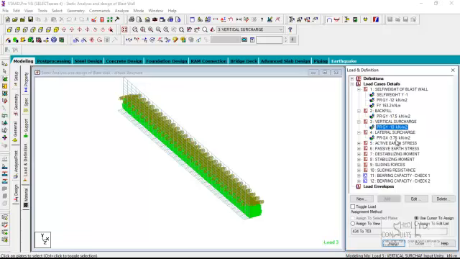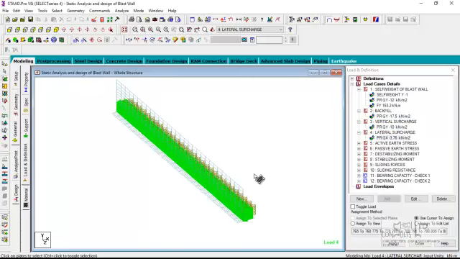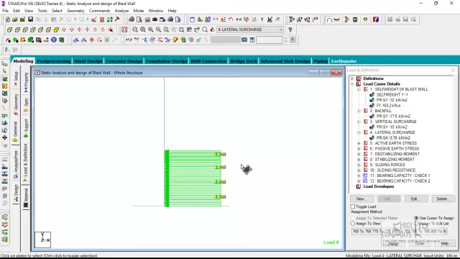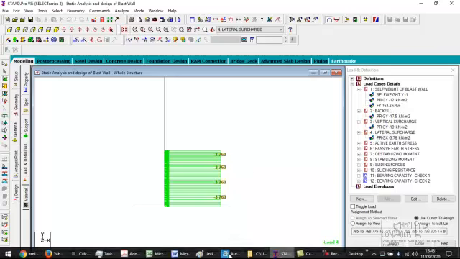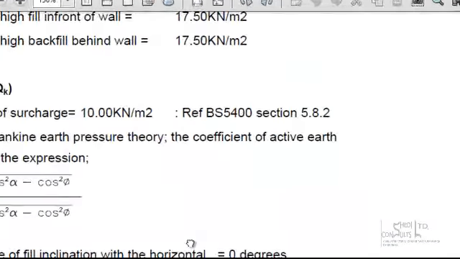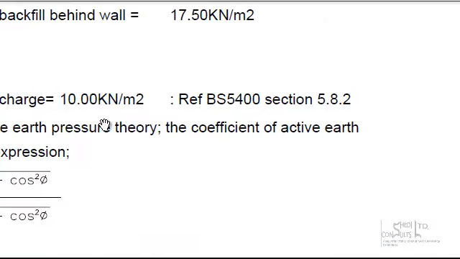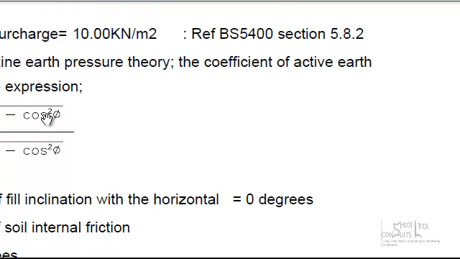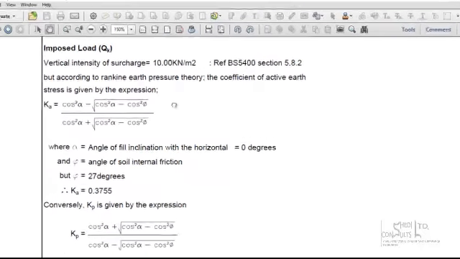Now we have lateral surcharge. So when you have live surcharge, moving loads, you have lateral surcharge as well too, which is a function of the coefficient of active earth stress. So look at the imposed loads. You can see the vertical intensity of the surcharge obtained from this code, and then you can see the lateral active earth pressure.